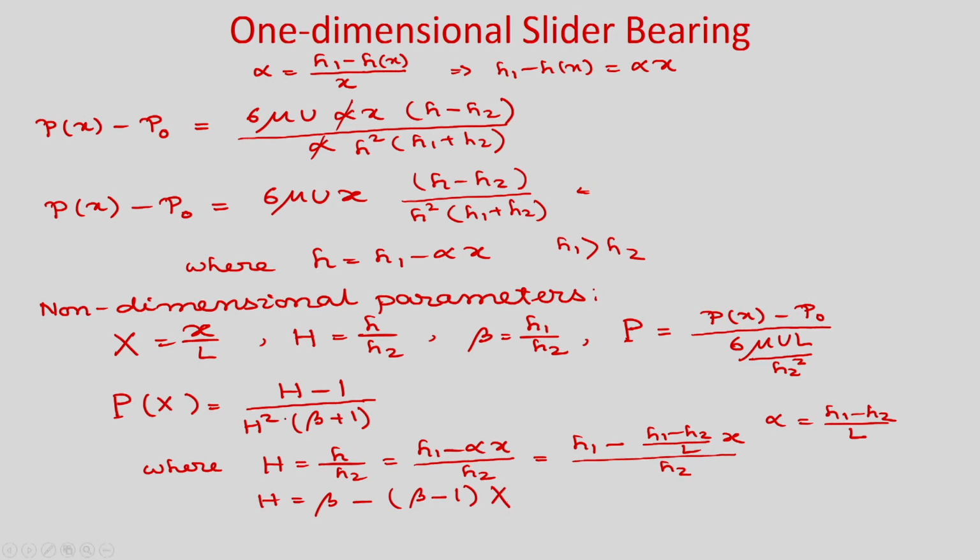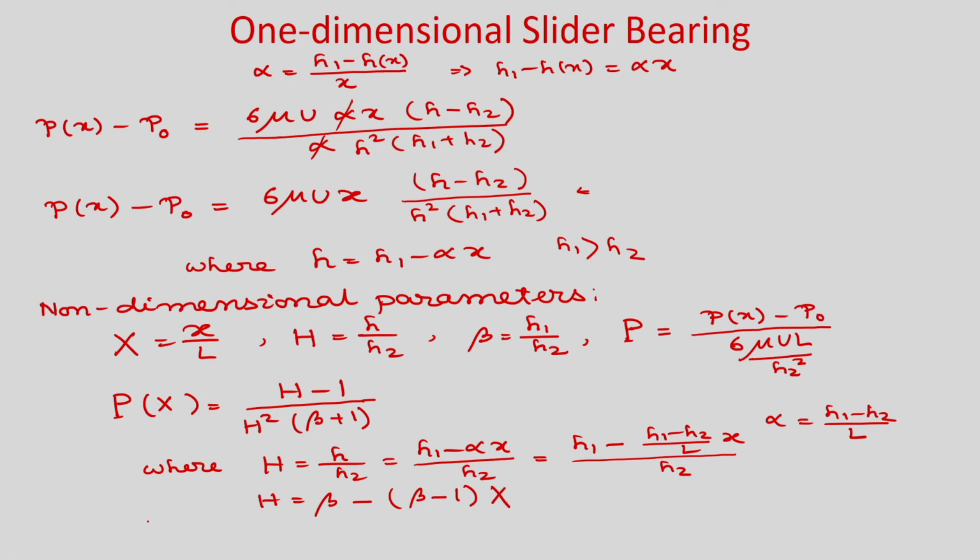Okay. So, in this expression, if H1 is equal to H2 is equal to H, what will be the pressure distribution? Obviously this pressure difference will be 0, that means inside the lubricant we will have the same pressure P naught. Okay.